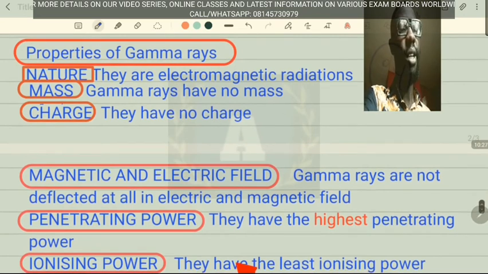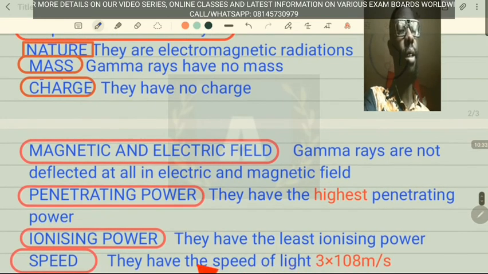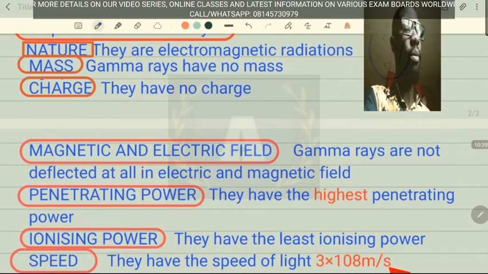Then their ionizing power, they have the least ionizing power. Then speed, they have exactly the speed of light, which is 3 multiplied by 10 to the power of 8. Kindly disregard the 8 written beside the 10, it is to the power of 8.